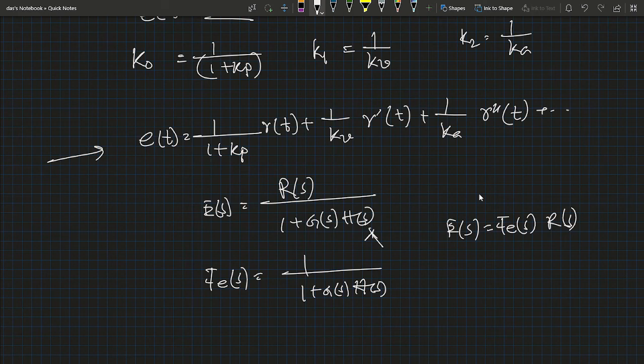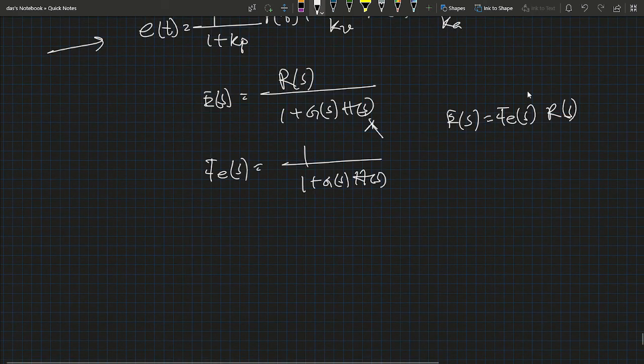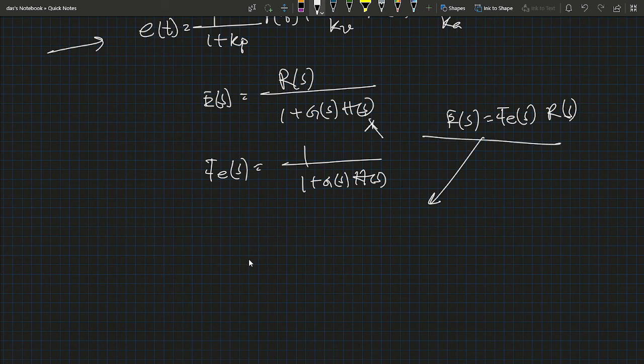Now using the convolution theorem, the product in the Laplace domain becomes a convolution in the time domain: e(t) is Fe(tau), the dummy variable, into r(t minus tau).